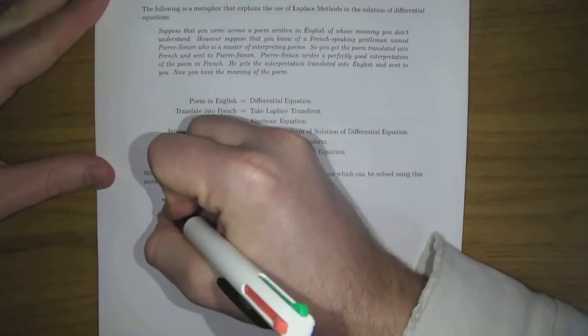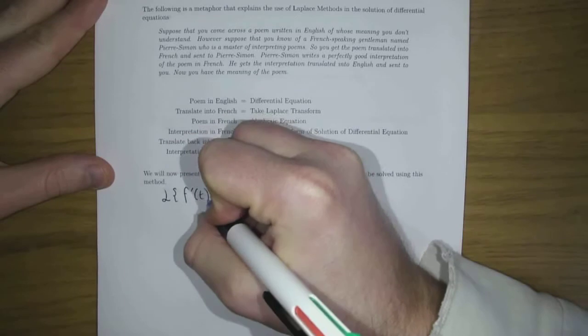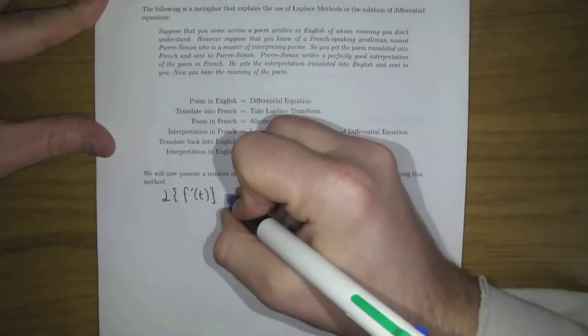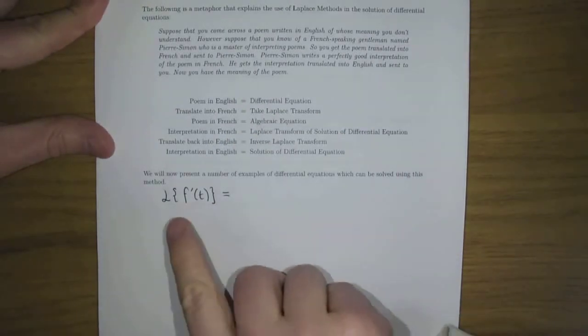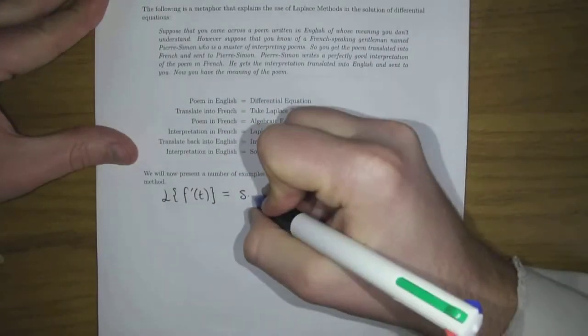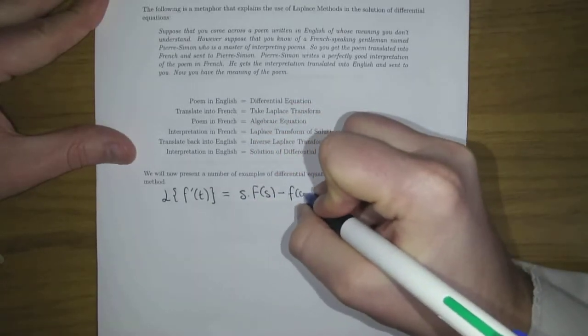So the Laplace transform of the first derivative is, the translation: if you differentiate a function, it multiplies it by s over in the s domain, and then you also have this minus f of 0.